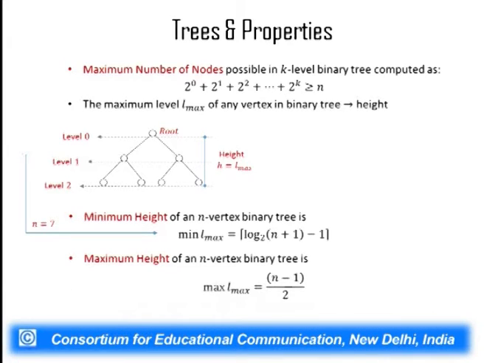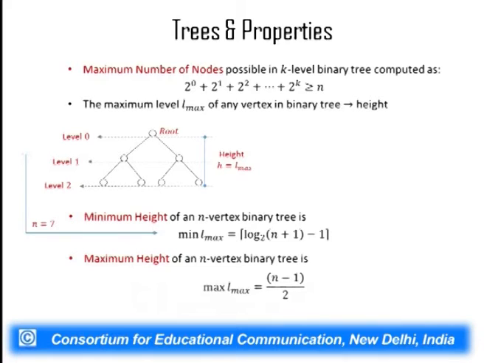So in the diagram you can see that we have here constructed a full binary tree, a complete one. Now here the root is concerned with the ground level. So level 0 or ground level is always reserved for the root node. Okay.